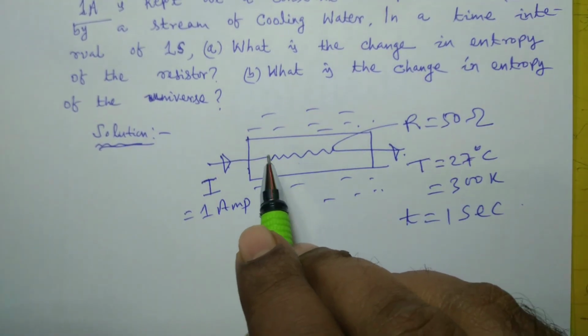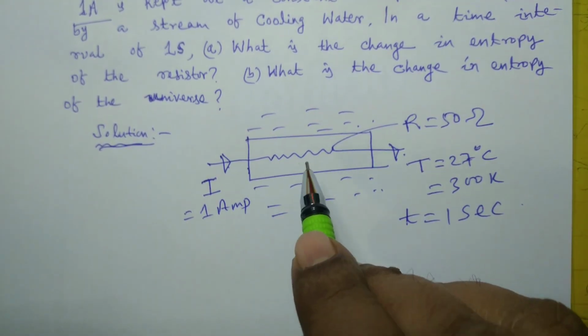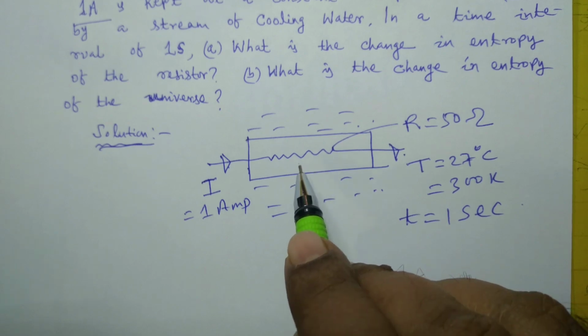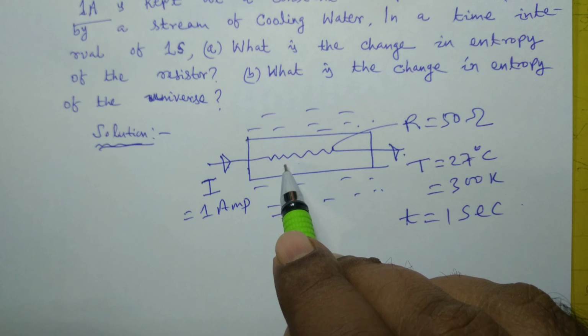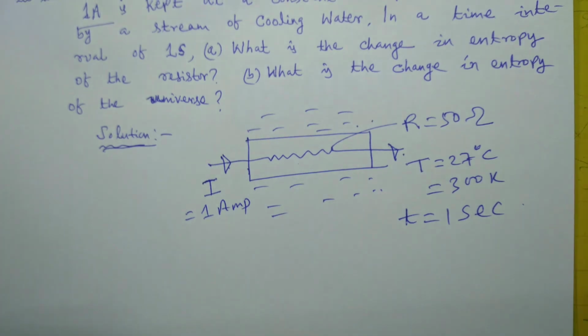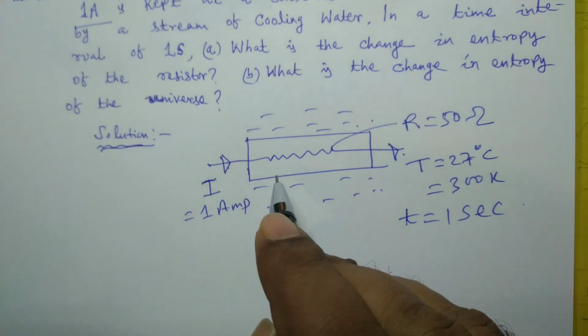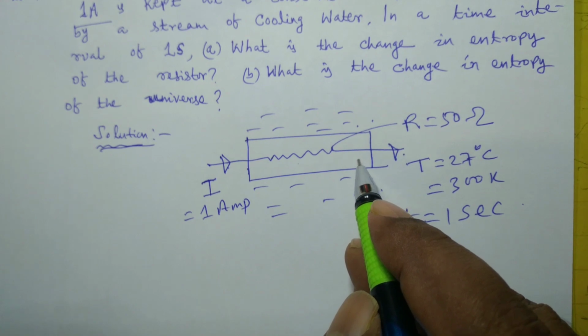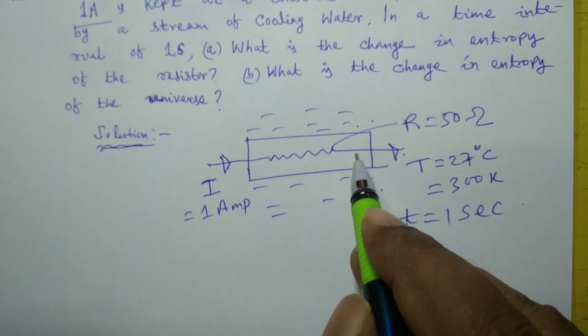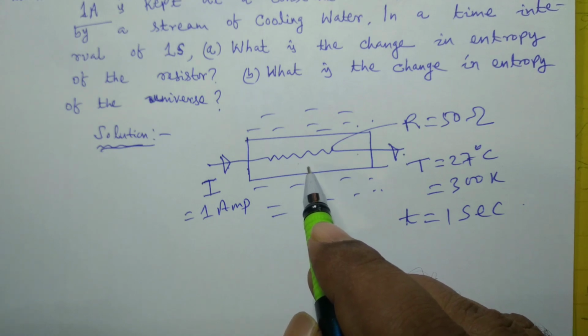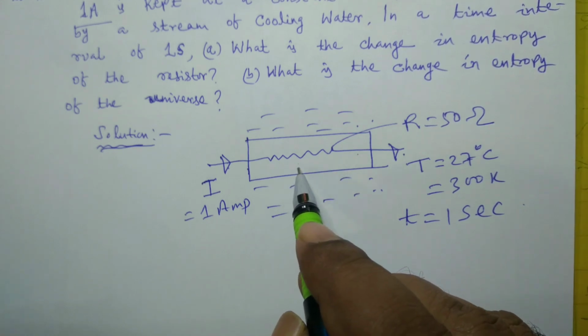You see, whenever a current flows through a resistance, there will be a heating effect. Heat will be produced and the temperature of the resistance increases. But what happens here? Temperature remains constant. That means the resistance is in a steady state. Its properties do not change with respect to time. So how does it happen?